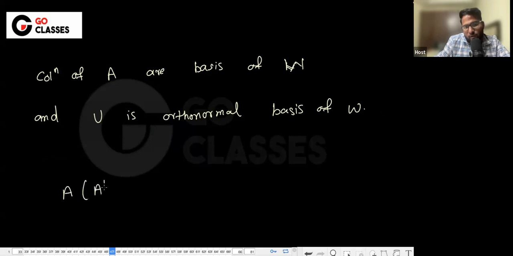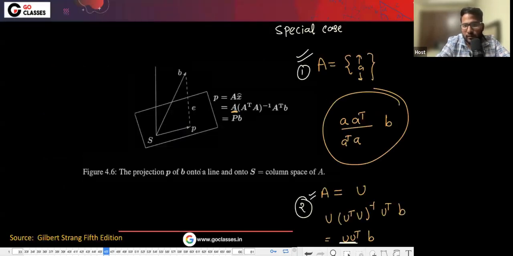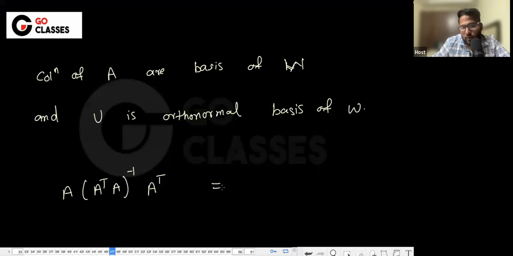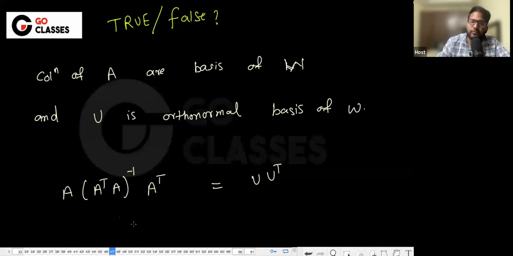A into A transpose A inverse A transpose, this is the formula, right? Equal to U U transpose. Is this true or false? Tell me. This is actually true, right?